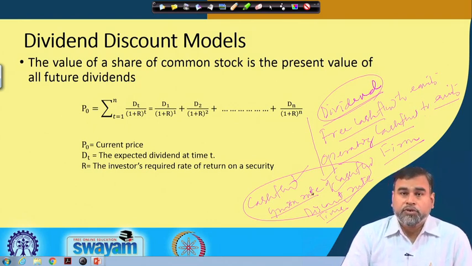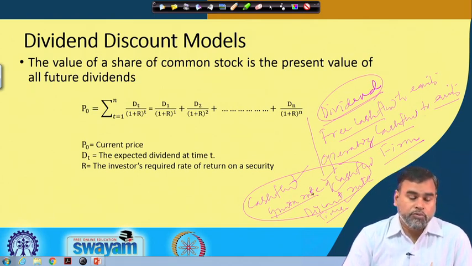Then finally the discount rate, which is nothing but the cost of equity in the context of equity, because that is the expected return we can get from that particular investment. Then we have the time period. So these are the four inputs we always need whenever we go for the valuation of the equity using the dividend as the cash flow.